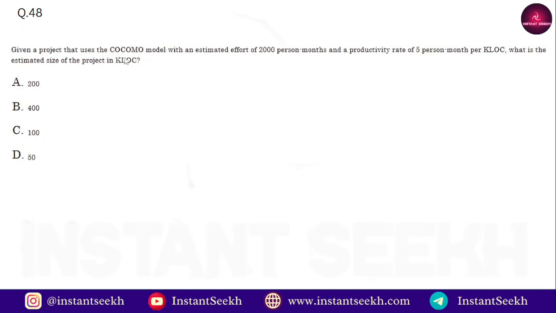Given a project that uses the COCOMO model with an estimated effort of 200 persons per month, PM, let's write it, and a productivity rate of 5 person-months per KLOC. What is the estimated size of the project in KLOC?